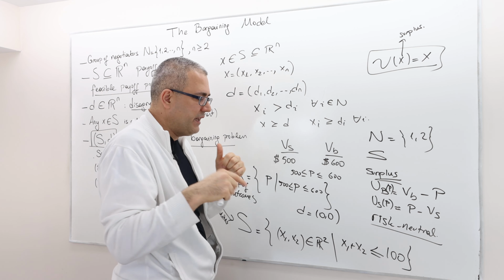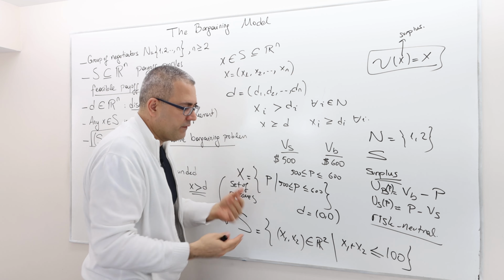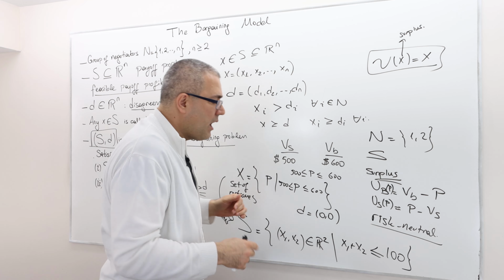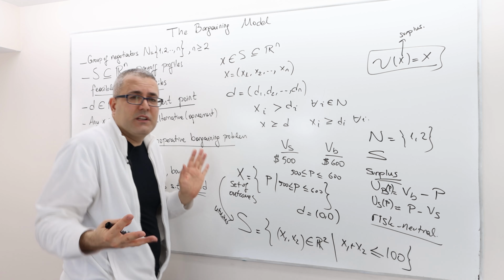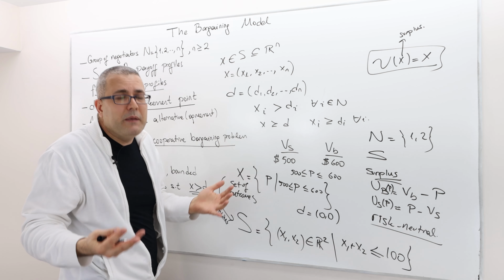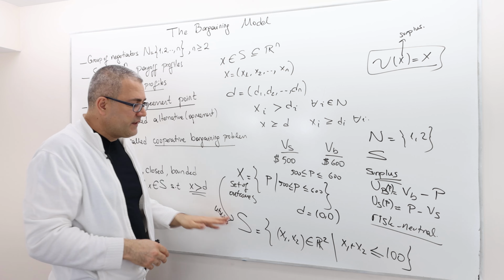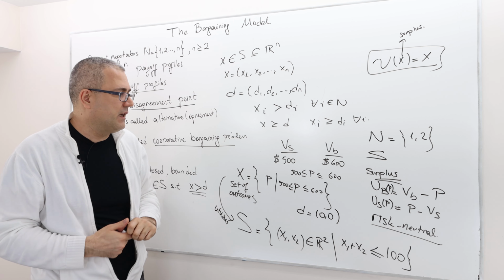We haven't defined it yet, but we know what efficient outcomes mean in this type of environment. x1 plus x2 equals 100 is the efficient outcome. Anything adding up to less than 100 is not efficient, but it might still be a feasible outcome. So this is how we define the set S in this specific example.